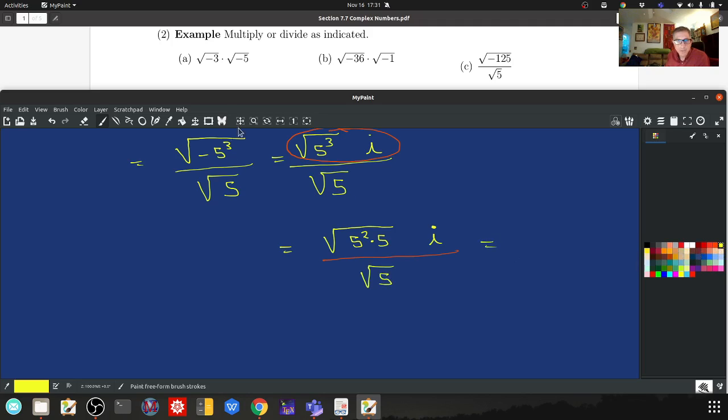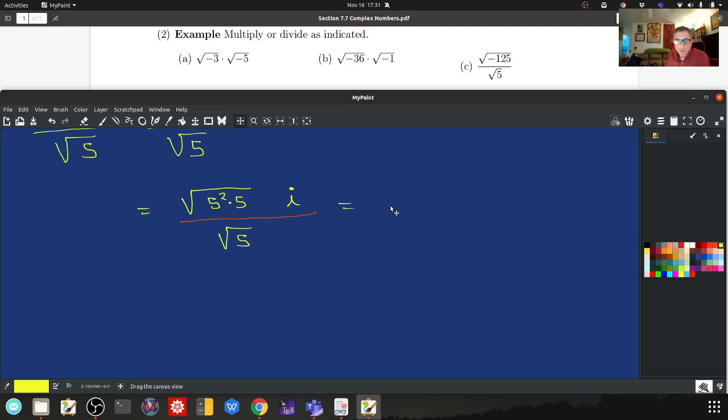Let's go ahead and simplify. Well, I have my division line. The square root of 5 squared times 5, by what we've learned previously, is 5, because I can take the 5 squared out. So over here on the side, just as a quick reminder, 5 squared times 5, my index is 2, so that allows me to pull that out.